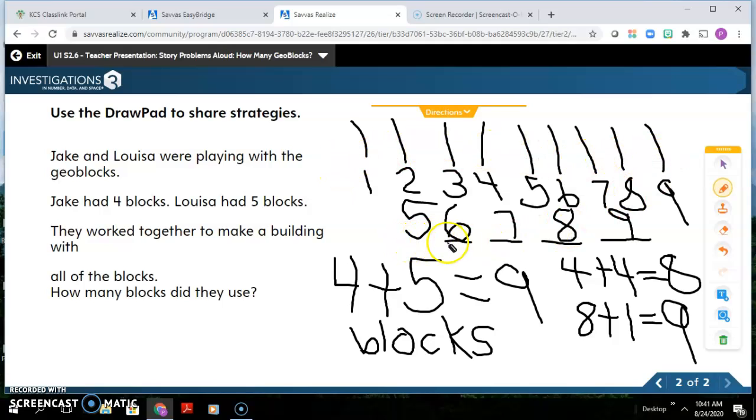We used the strategy of counting on, and I started with the larger number, so I did not have to count as far. I also used a combination that I know. I know that 4 plus 4 equals 8, and that 5 is one more than 4. So I can take my sum of 8, add one more, and I have a sum of 9.